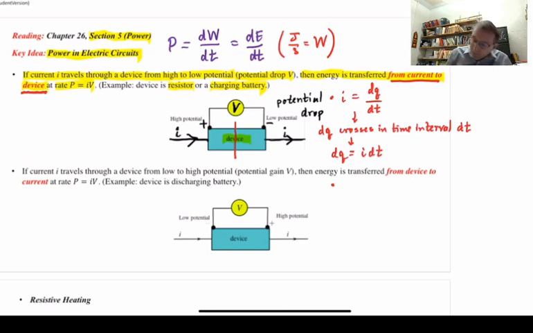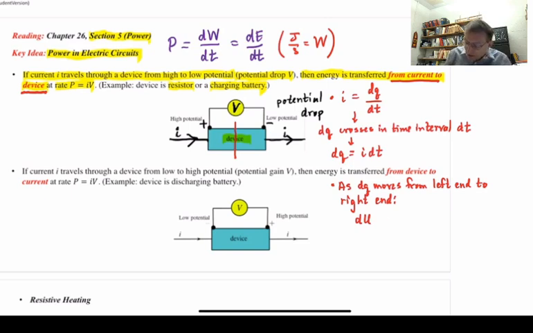As dq moves from left end to right end, it'll have an energy change dU, because it's potential energy that's changing.